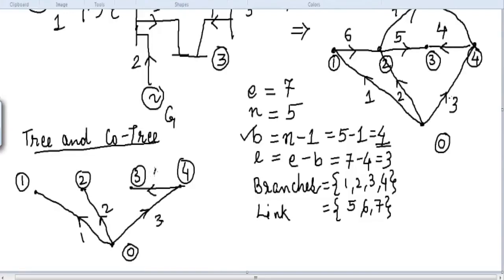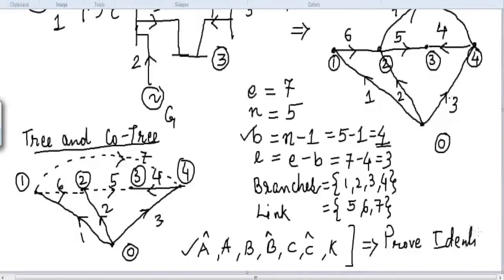Just check the directions. You don't make the direction as per your choice. Okay. Then the links will be by dotted line. So this will be 5. This will be 6. This will be 7.